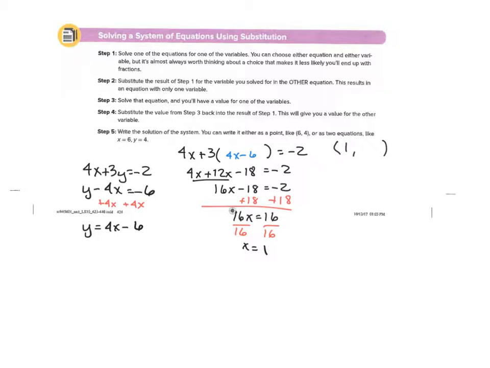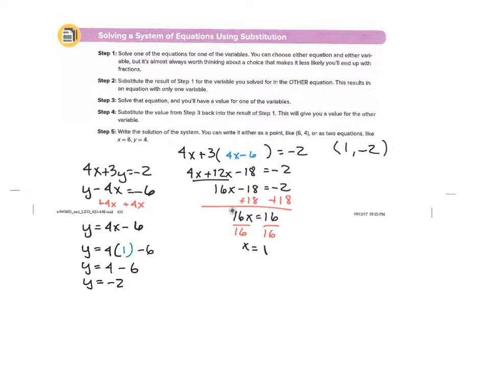That means we need to figure out what y is, don't we? Well, I already know that x is 1. It'd be very nice to substitute the 1 in for x right there. So y equals 4 times 1 minus 6. So y equals 4 minus 6. y is negative 2.